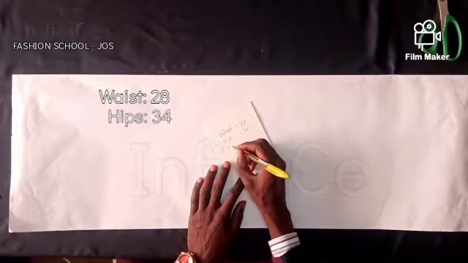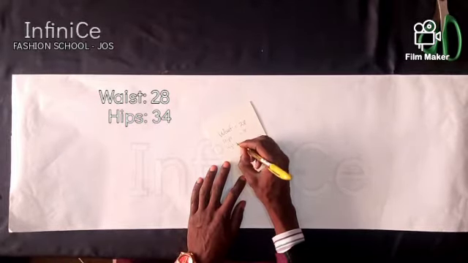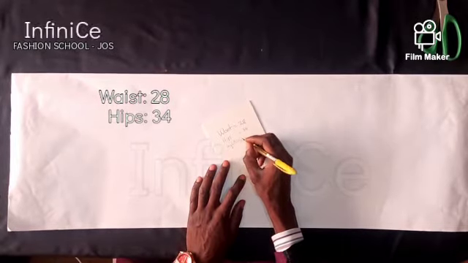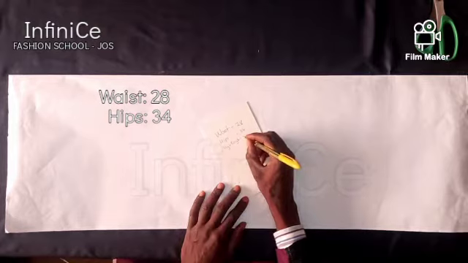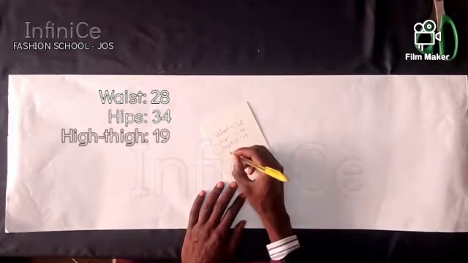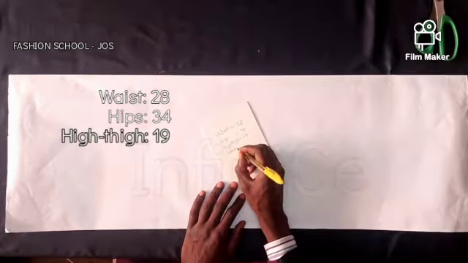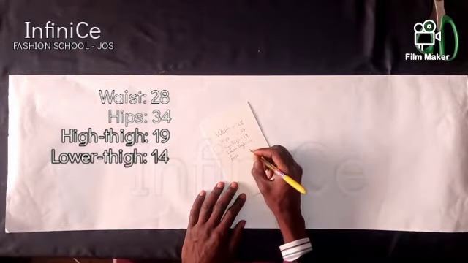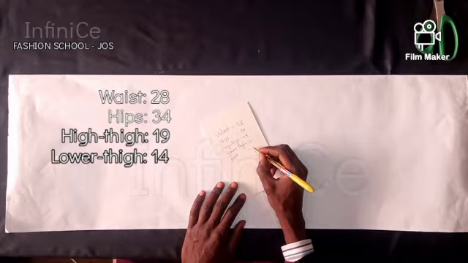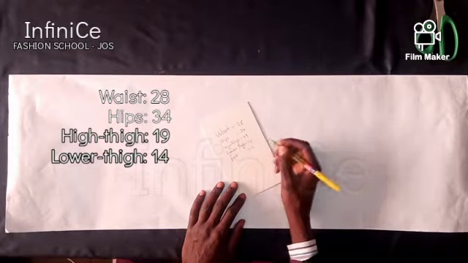The high thigh is say 19. The lower thigh 14, and the foot say 11.